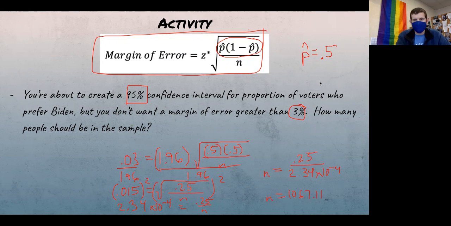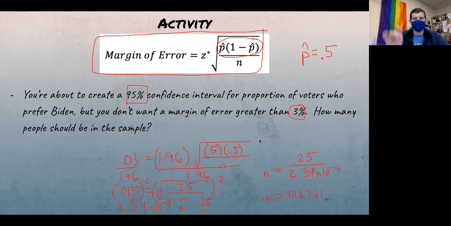It's a good thing to go through that. Now, how many people should be in the sample? This is a key thing. How should I round this? We always want to round it up. Conceptually the reason is, if I go down to 1067, even though it's not a big deal, to be exact, technically my margin of error could be just above 3%.